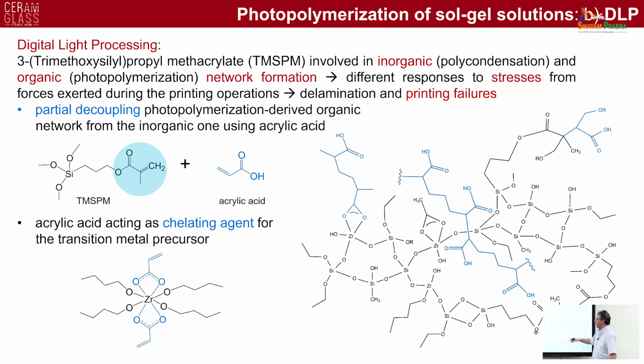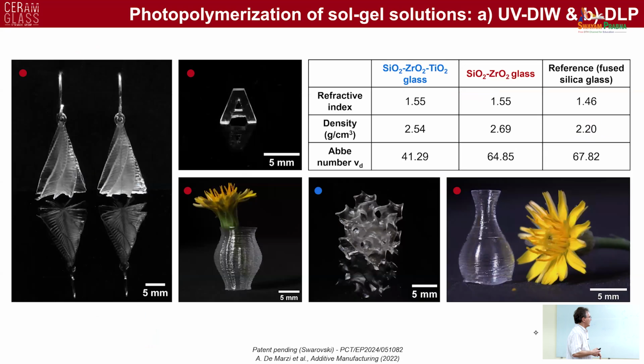And by the way, acrylic acid also serves the purpose of chelating the zirconium precursor, because the zirconium precursor tends to hydrolyze faster than the silicon precursor, and this would lead to agglomeration of zirconia rather than having a homogeneously distributed system where you have zirconium and silicon well distributed.